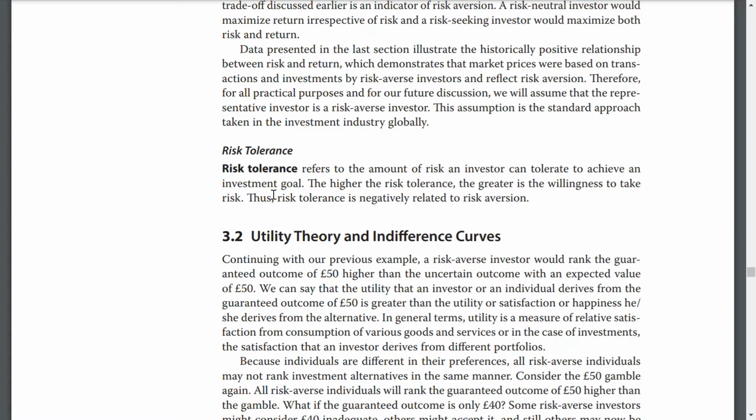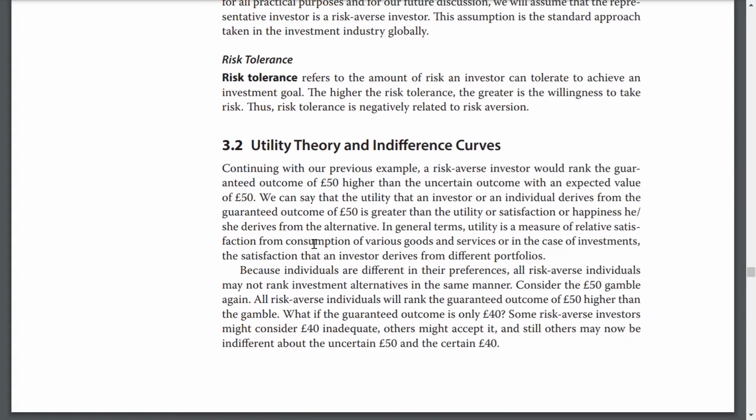Utility theory and indifference curves. Continuing with our previous example, a risk-averse investor would rank the guaranteed outcome of 50 higher than the uncertain outcome with an expected value of 50. We can say that the utility that an investor or an individual derives from the guaranteed outcome of £50 is greater than the utility, or satisfaction, or happiness he or she derives from the alternative.